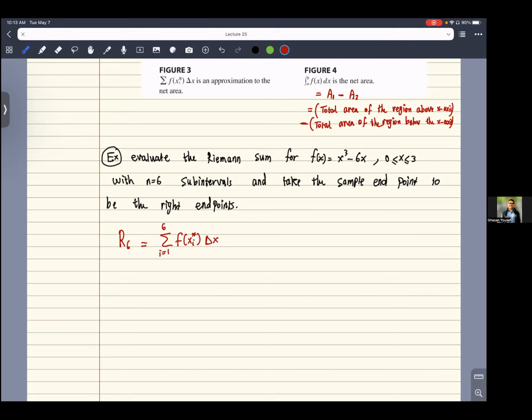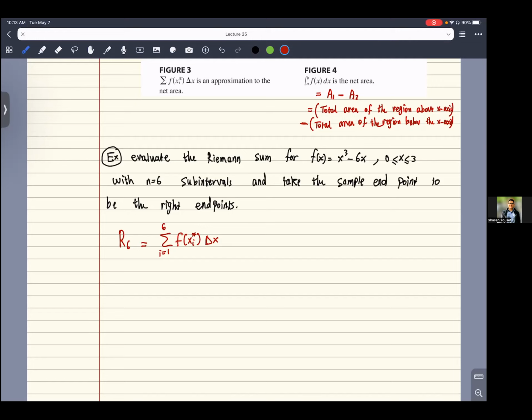As we learned, like the example I gave last time, we're going to find the subintervals, the f of the right endpoint of each subinterval, and the delta x, all the stuff needed to find R of 6.